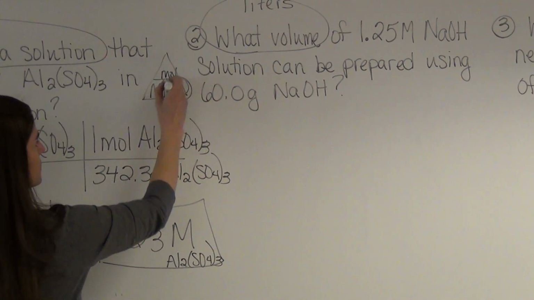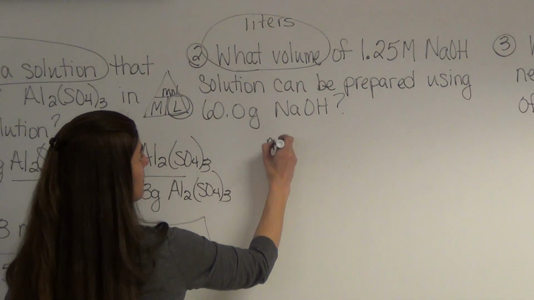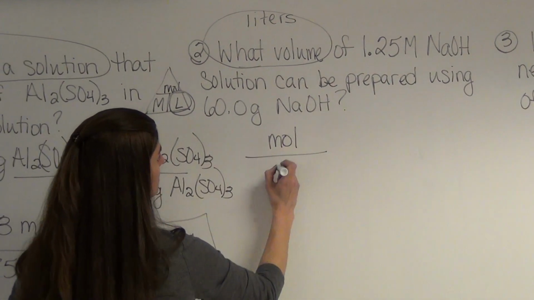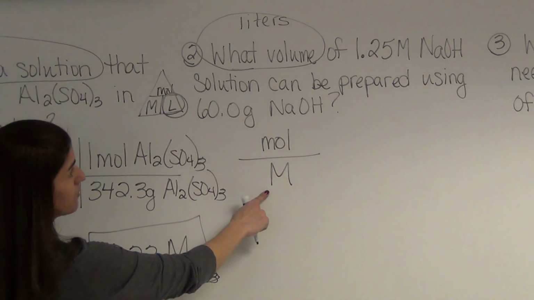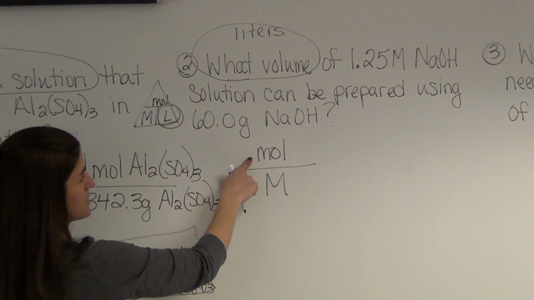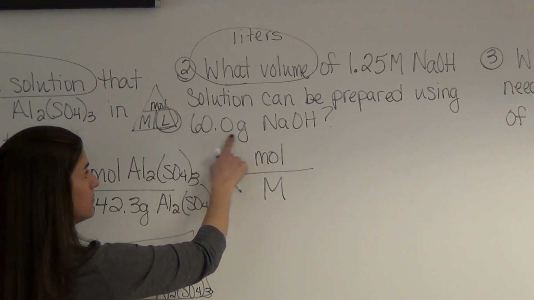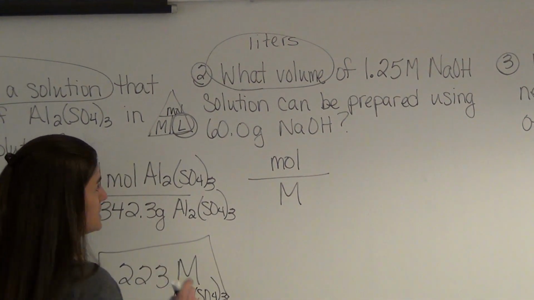So we're looking for this right here. So we know we will be doing moles divided by molarity. Well, we have molarity right here, but we don't have moles. So we're going to have to convert from our grams into moles, just like we did before.